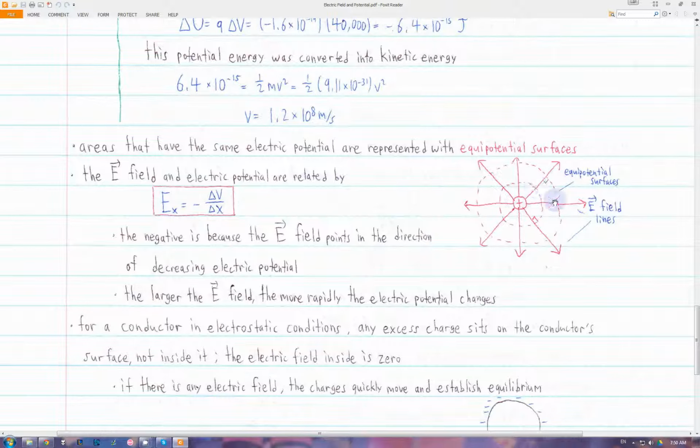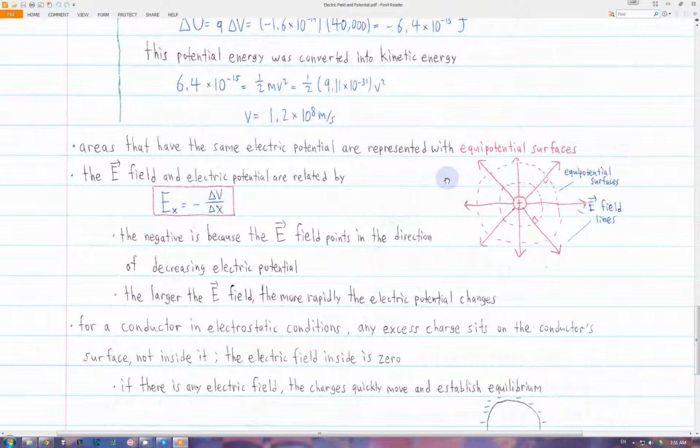And so if we draw the E-field lines on top of this diagram, the E-field lines will always be perpendicular to the equipotential surfaces. And the closer together the equipotential surfaces are, the faster the electric potential is changing.